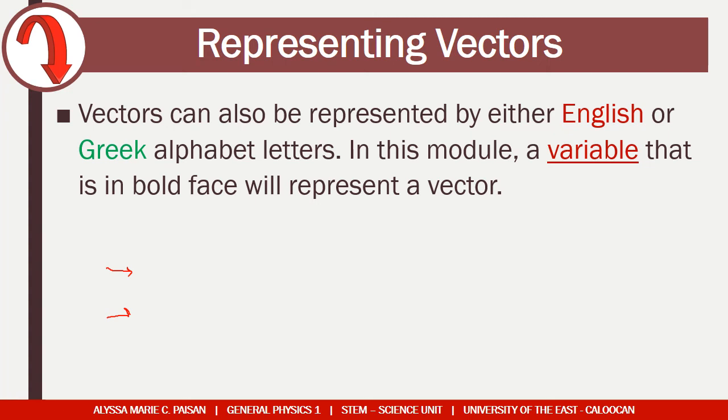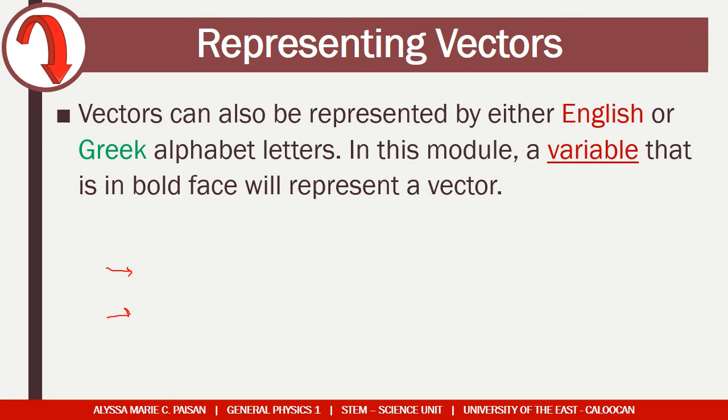So we should use symbols. It's either Greek or English alphabet. Now, how do we distinguish the scalar from the vector in an equation? There are several ways, but as a convention for this subject, everything that is in boldface, those are vector quantities. Those in ordinary face are the scalar quantities.